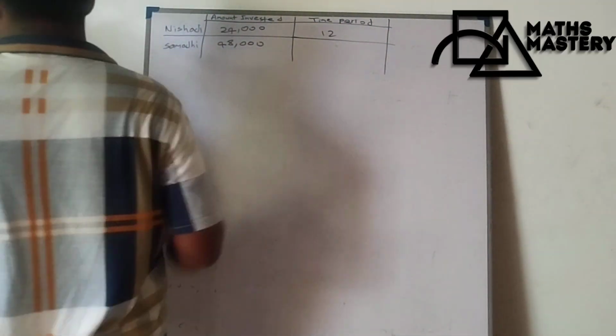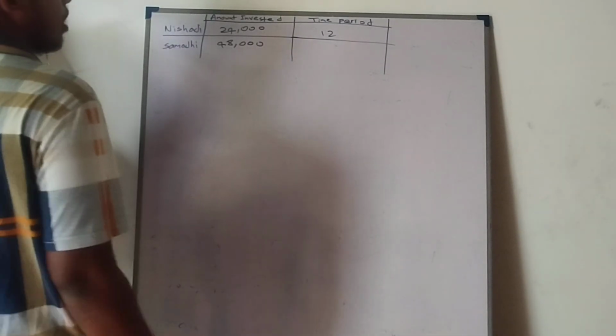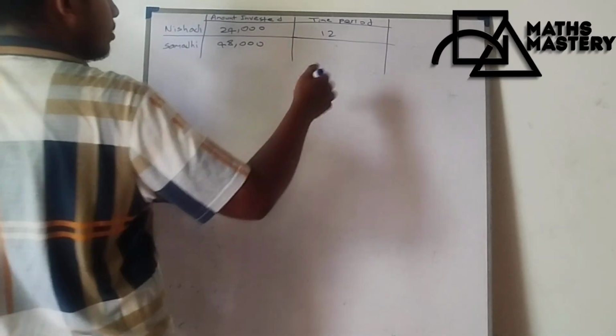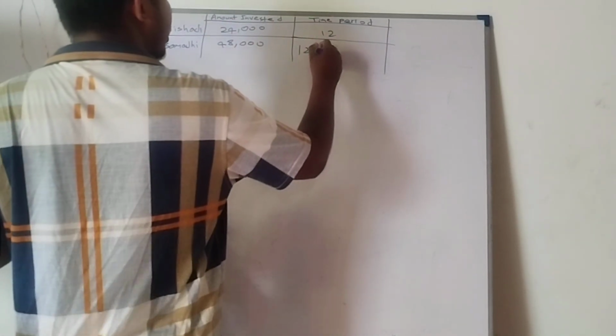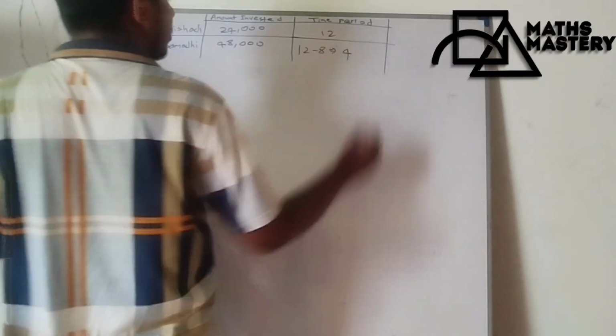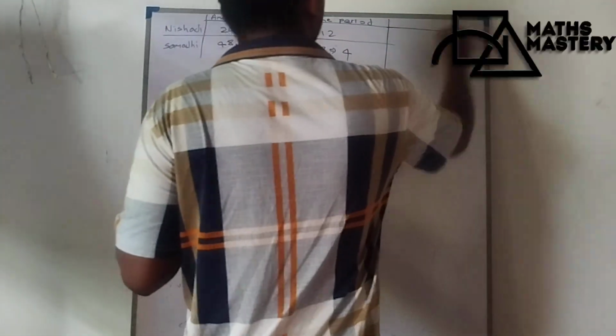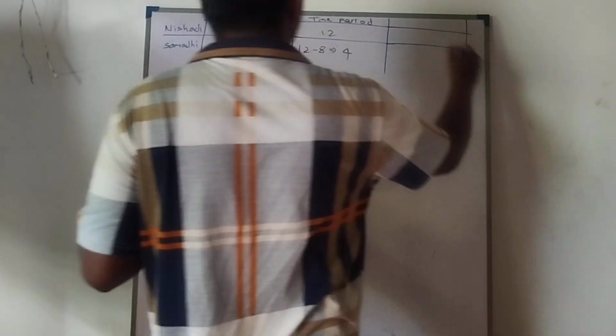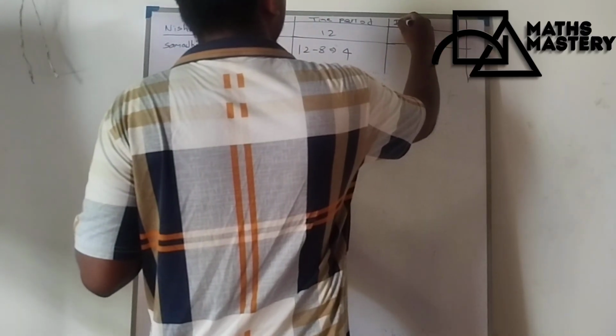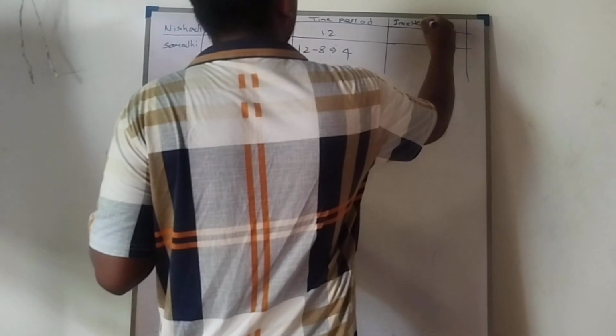But Samadhi joined the business after 8 months. After 8 months, students, if you subtract 12 minus 8, she has been in the business only for 4 months. And then next, you should find the ratio of the amount invested into time.